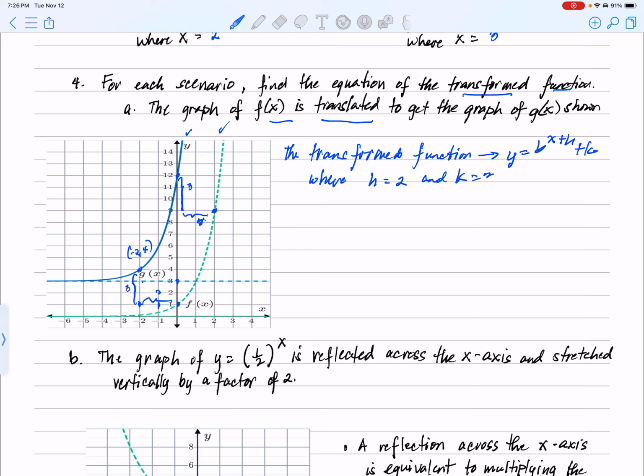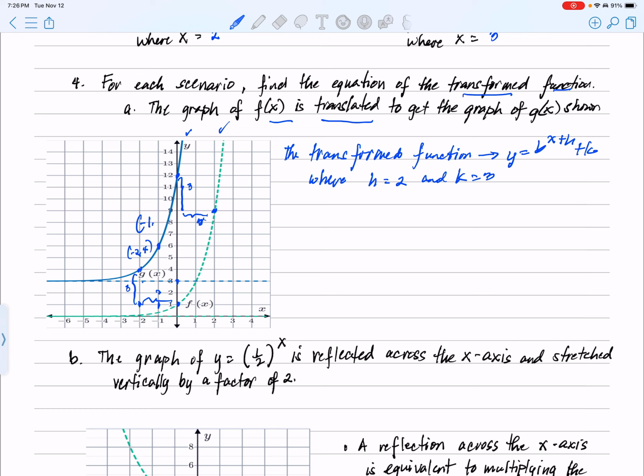So looking at the transform function, we can easily identify the points (-2, 4) and (-1, 6). These points right here, (-1, 6).